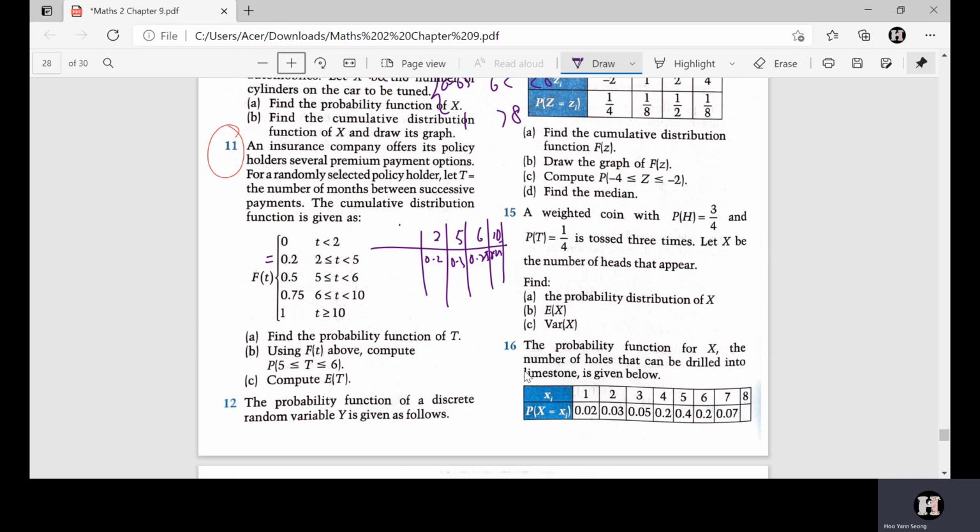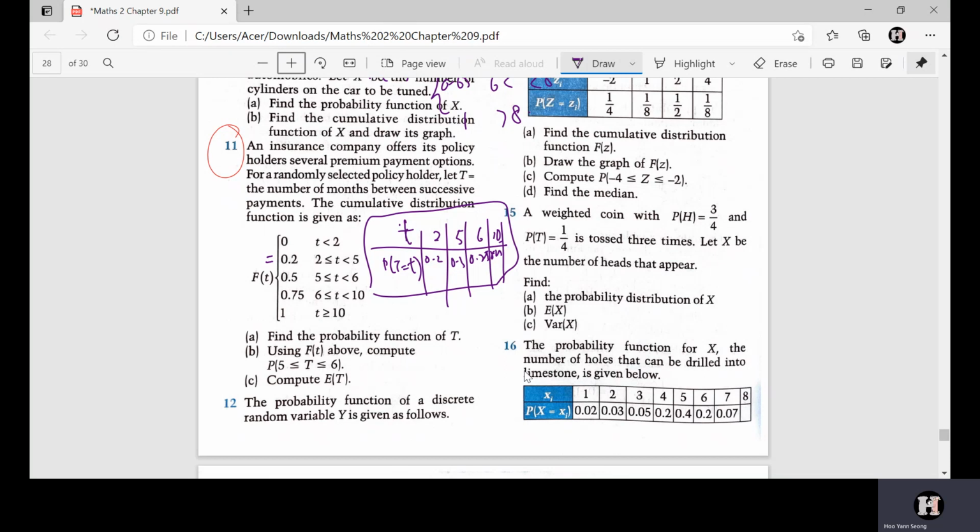They call it T, actually a small letter t, P(T equals t). Please don't use X because the question says it's T, so you must use T. Then for expectation, just multiply, and then you can get the answer. That is the easiest one.